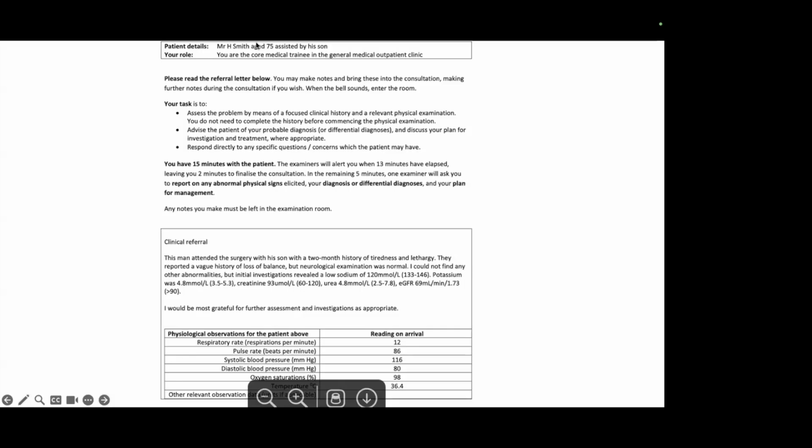So, I would like to send off additional serum osmolality paired with urine sodium and osmolalities, check the thyroid function and cortisol levels, and do some first line imaging, such as a chest X-ray.